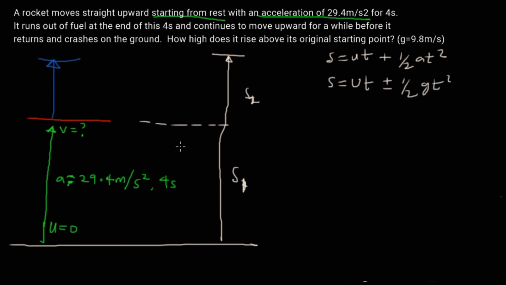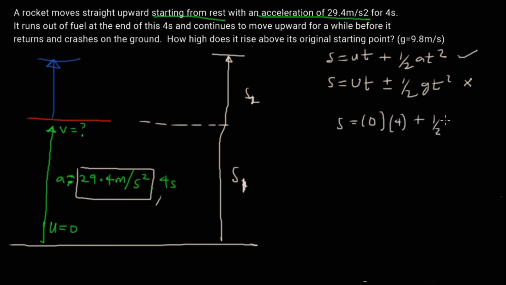But the object moves upwards at its own acceleration, which is plus 29.4 meters per second squared. So we don't need to use this formula. We'll go with the other formula because the object has its own acceleration. So s is equal to ut, where u is 0 and the time is 4 seconds, plus half a t squared, where a is 29.4 meters per second squared and t is 4 squared, that's 16.